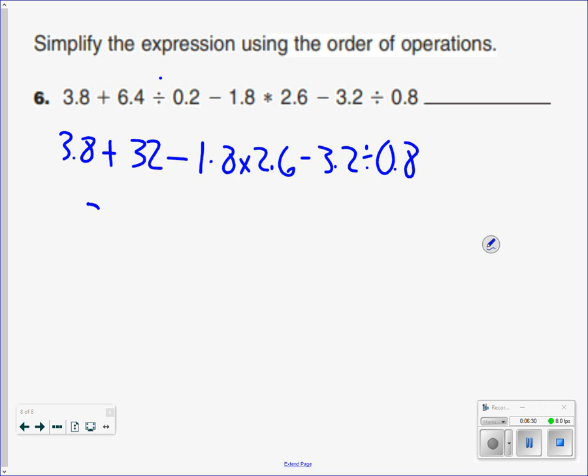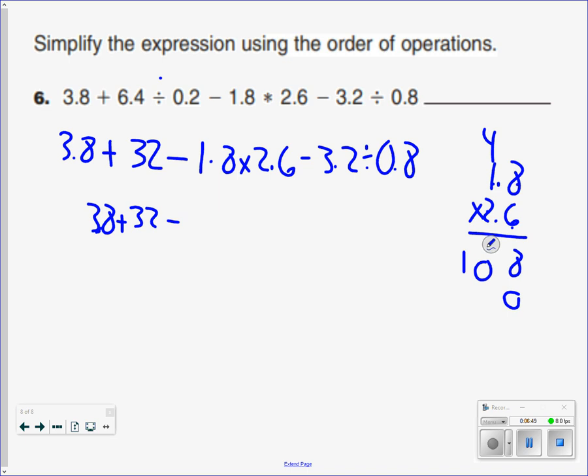Moving on, I have 3.8 plus, make sure that's 0.8, plus 32 minus, what's 1.8 times 2.6? 1.8 times 2.6, I'm going to multiply this out. 8 times 6 is 48. 6 times 1 is 6, plus 4 is 10.